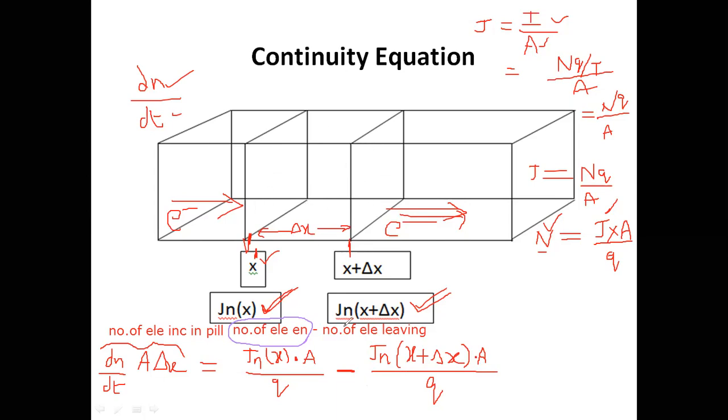Keep in mind that the number of electrons leaving is equal to Jn of X plus delta X into A by Q, right? So let us suppose I have a lake here. I want to know the water inside the lake.